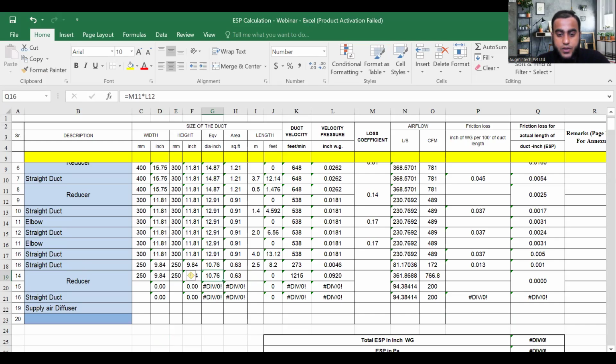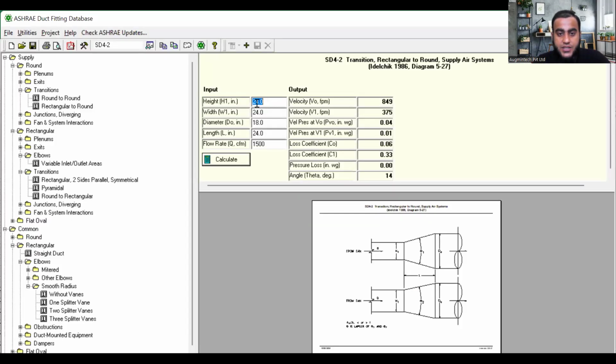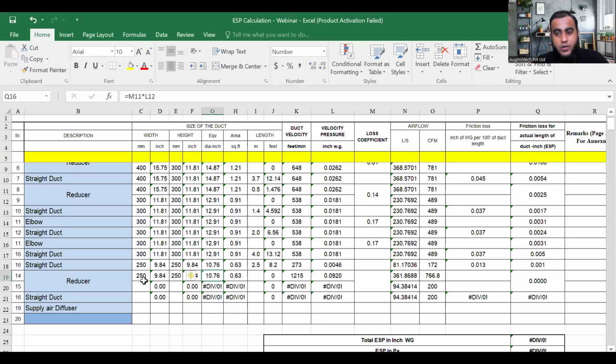In software, 250 means how much inches height? 10 inch. 10 inch by 10 inch. And the diameter, how much we have got? You can see I have already shown you in the Excel sheet how to convert that rectangular to a round duct.